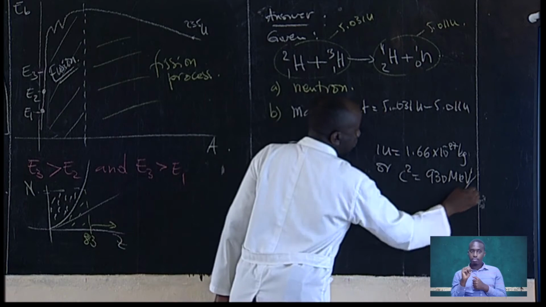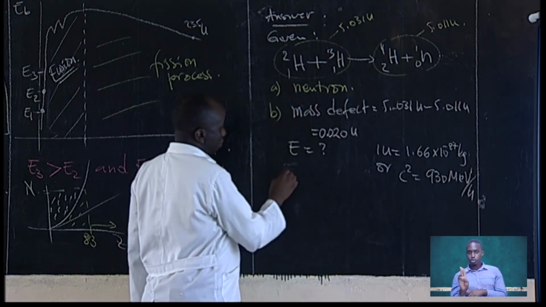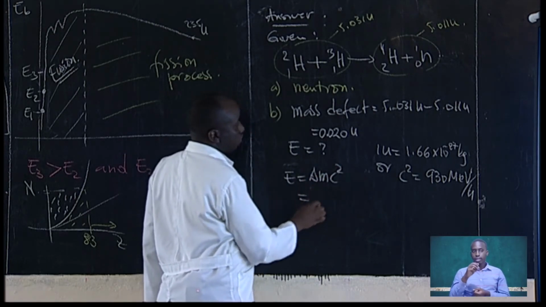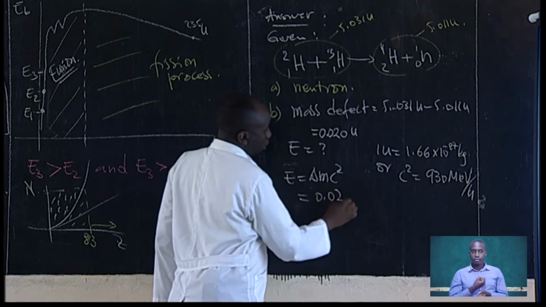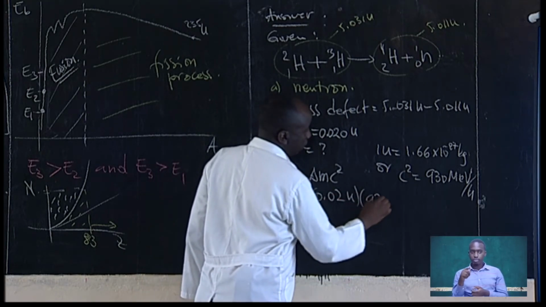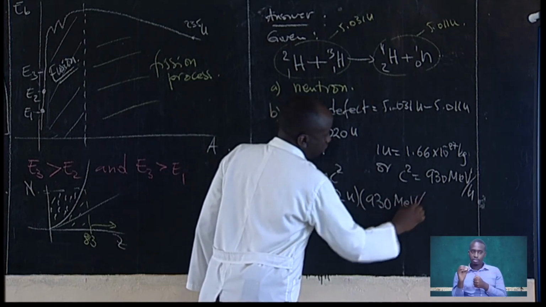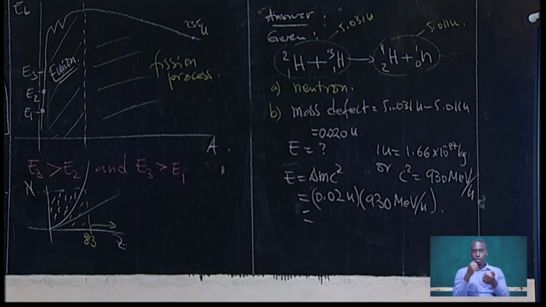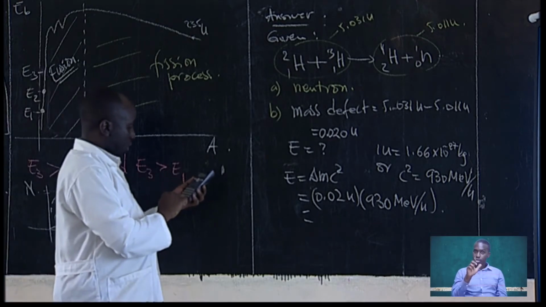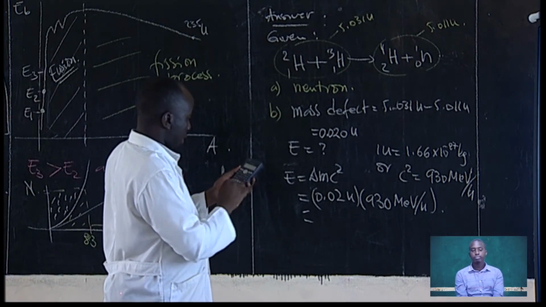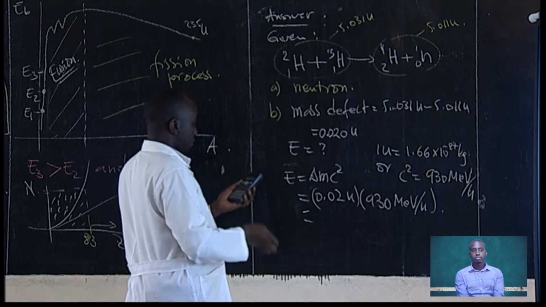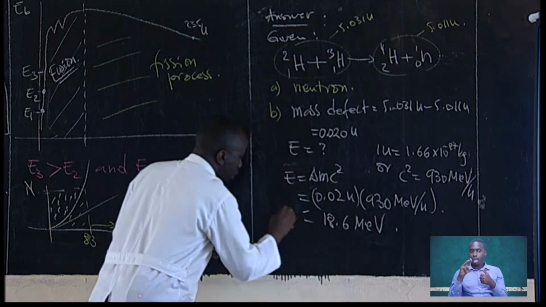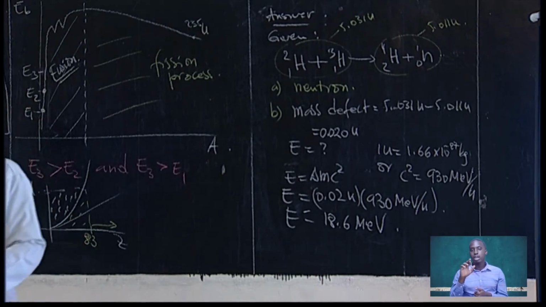We have defined this constant per U, and then the energy equals mass defect times C squared, and this gives 0.02 U times 930 mega electronvolts per U. Can you calculate together with me? So let's do that. This is times 930, and this gives 18.6 mega electronvolts. This is the energy that is being released.